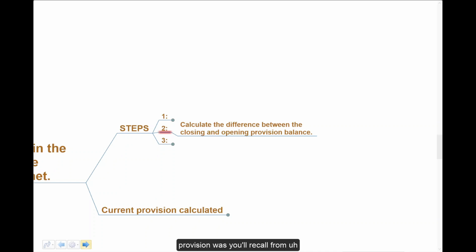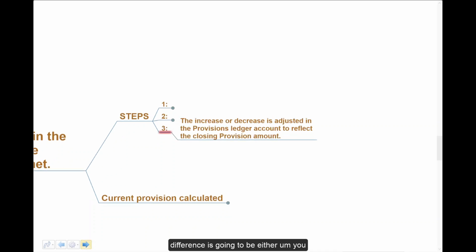You'll recall from the receivables and payables chapter that what we were looking at was the allowance for receivables, where we're looking to provide against, let's say, the possibility of some general debts, maybe 5%, going bad. So we looked at the difference between the opening balance, start of the year, and the closing balance, and the difference is going to be either an increase or a decrease. Depending upon whether it's an increase or a decrease, we adjust through the provisions ledger account to reflect the closing provision amount.